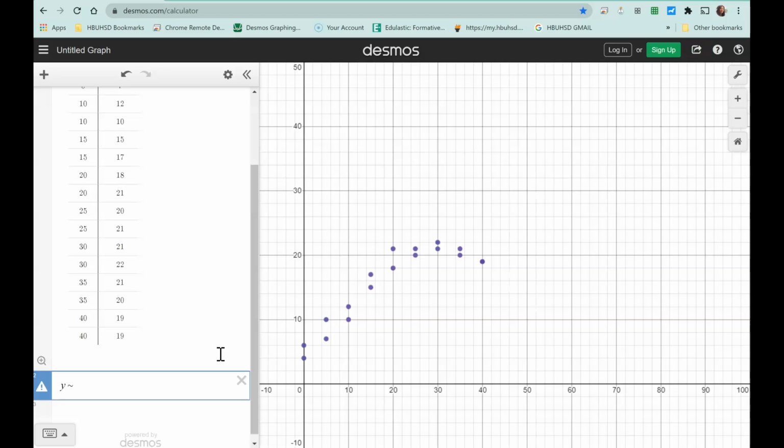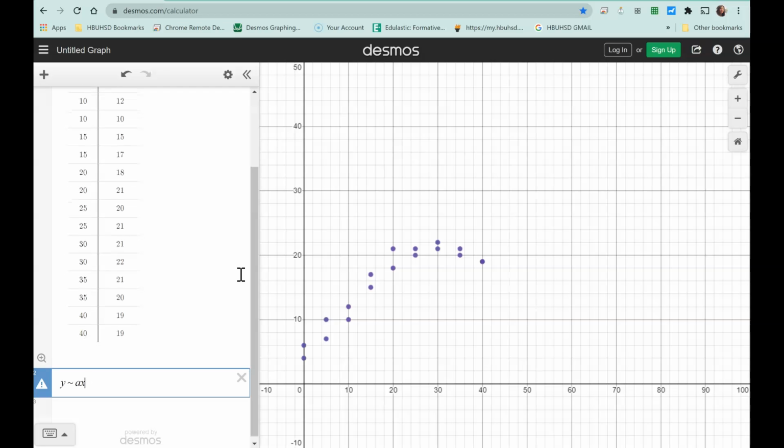It should be on the left side of your number 1. And as you can see, I type in the quadratic equation, which is y ~ ax squared plus bx plus c.